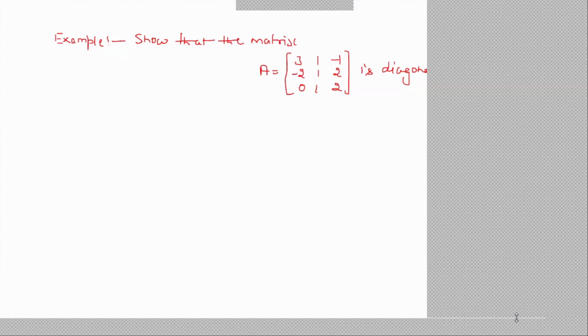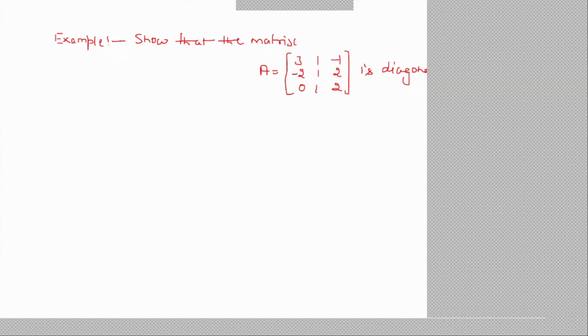But here they are not repeated, all three are distinct. So corresponding to all three, you will get 1 eigenvector each, which are linearly independent. So it is a diagonalizable matrix. Got it? Now it is diagonalizable.